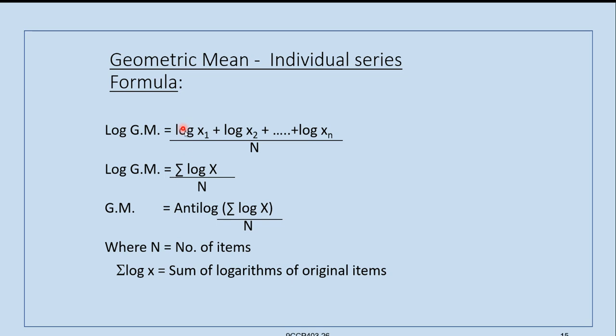Actually, in the formula from here also, we have to put antilog before this. So the final formula is this one. Geometric mean is equal to antilog of sigma log x by n, where n is the number of items and sigma log x is the sum of logarithms of original items. This we will understand when we take the example.